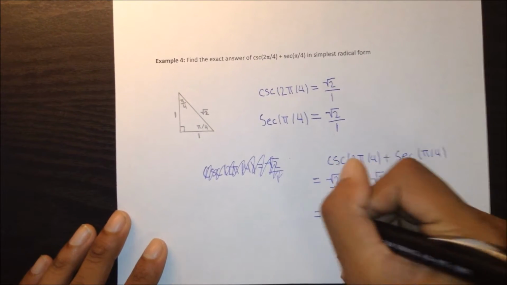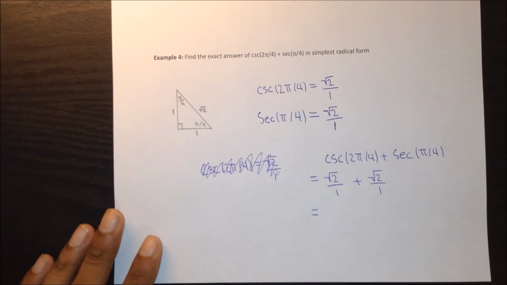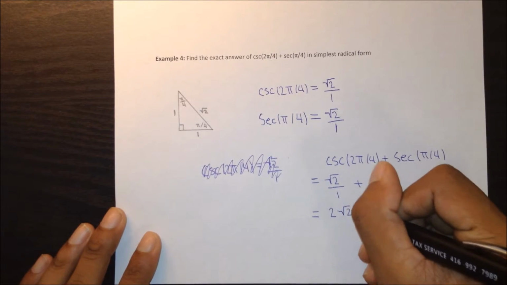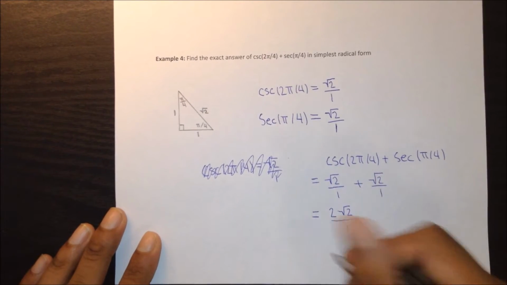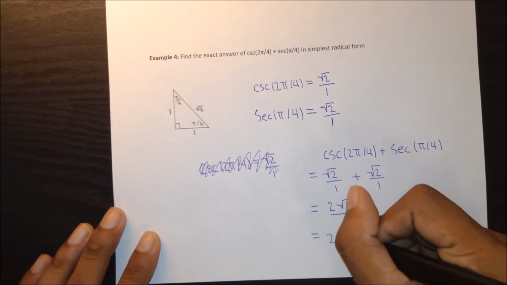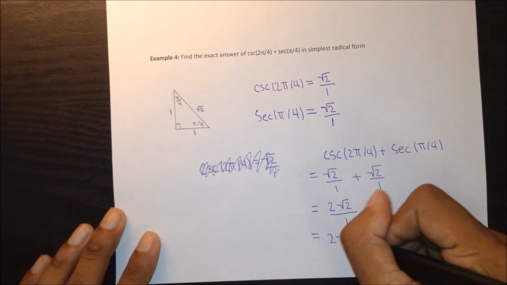So we already have a common denominator, which is 1. So we just add these two together, which would give us 2 root 2 over 1. Then we can simplify that further, and our final answer would be 2 root 2.